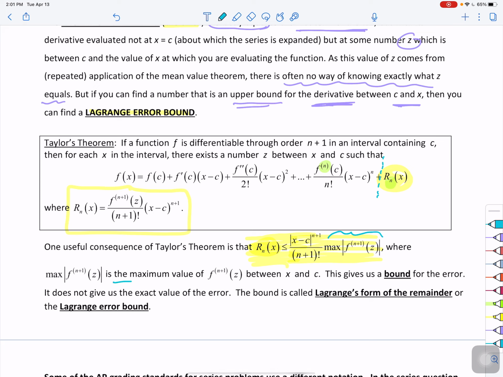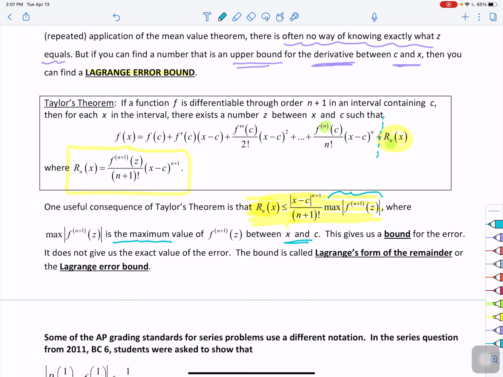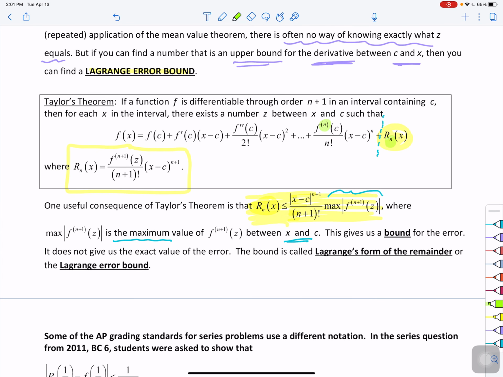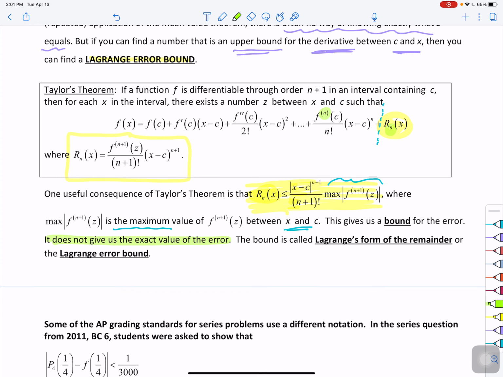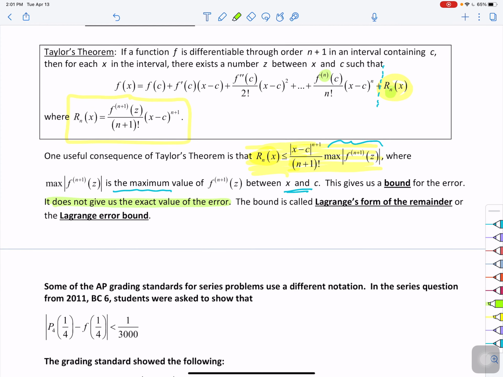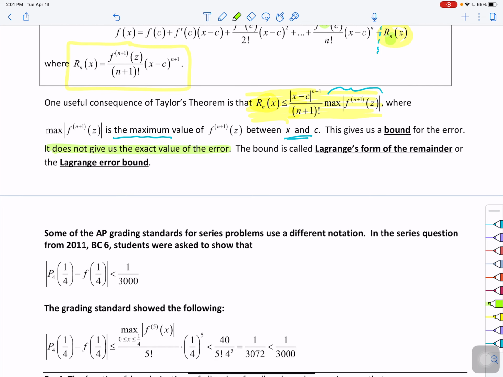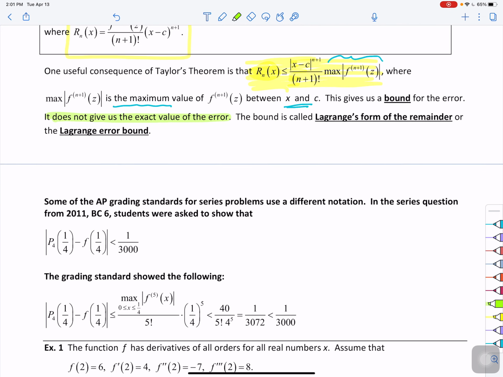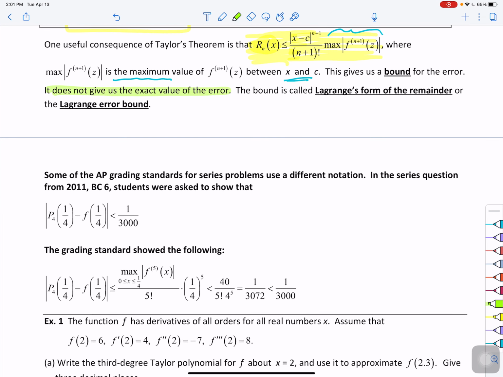And that's what I just read here. And it is between x and c. This gives us a bound for the error. It does not give us the exact value of the error, and we call this boundary the Lagrange form of the remainder, or it can also be called the Lagrange error bound.